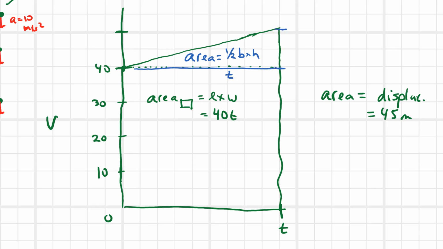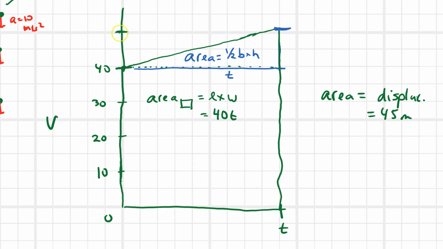If you remember that the velocity is increasing by 10 meters per second for every second that goes by, if t seconds goes by, then this final velocity will be 40 plus 10t, because if t seconds goes by and it increases by 10 every second, and it started at 40, then this will be 40 plus 10t. But I have to be careful.